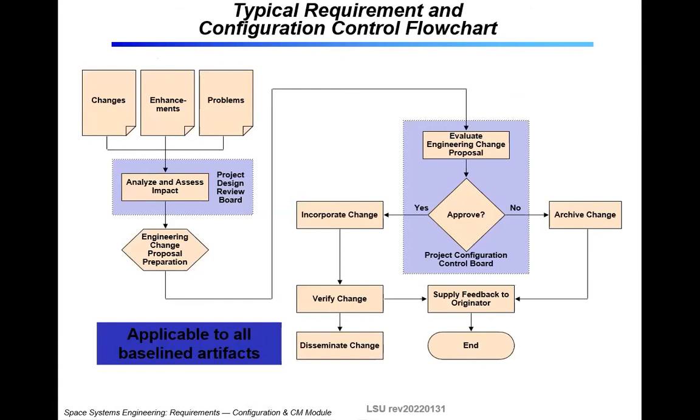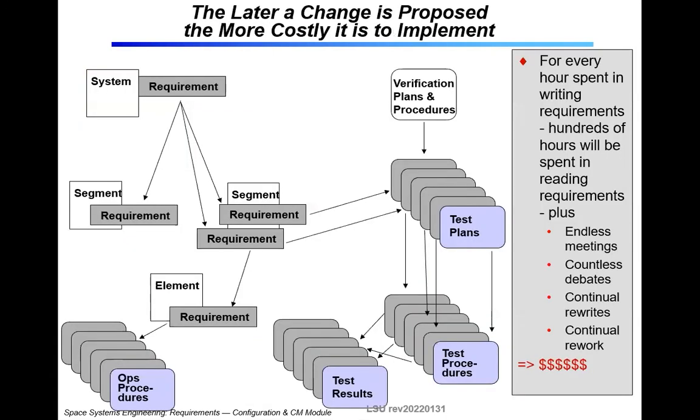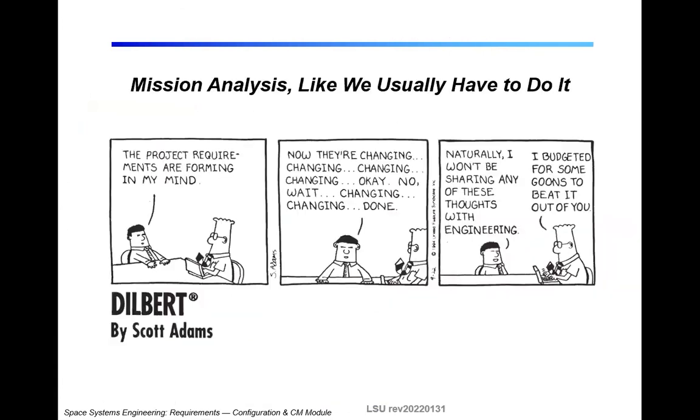This is sort of like a NASA type process as to how they would go through configuration control. They have a configuration control board, and that's got to be reviewed, and then they have to decide whether or not they're going to implement the change. You aren't going to really do that. Your team is too small.